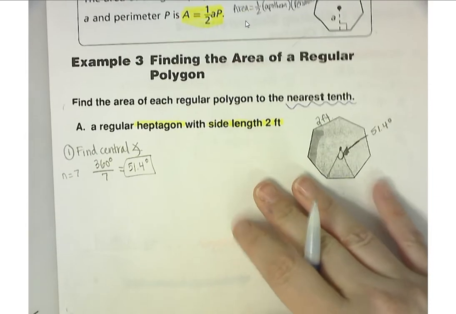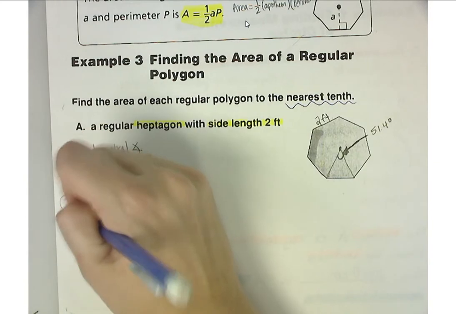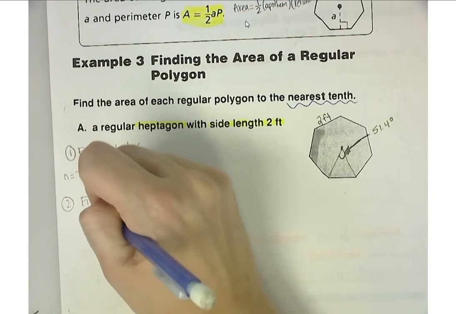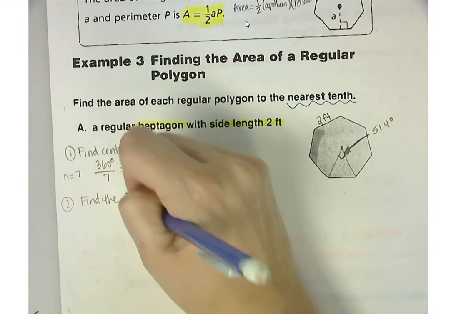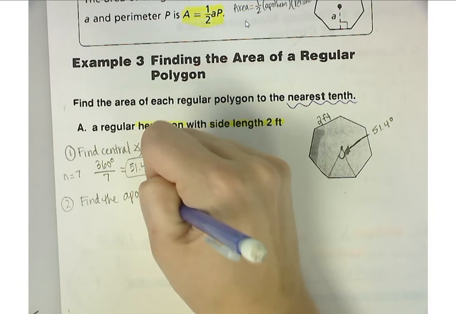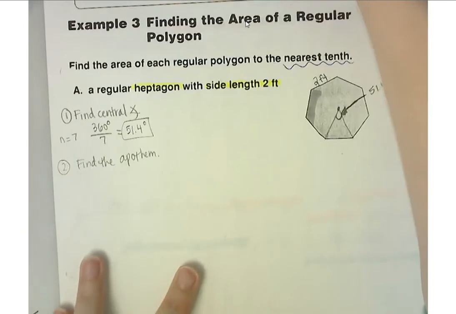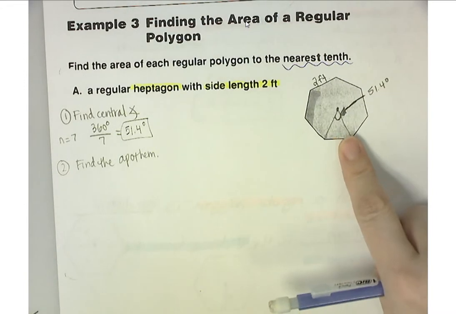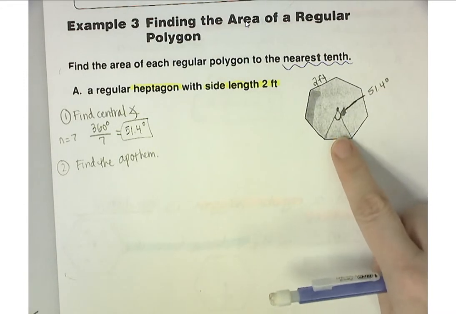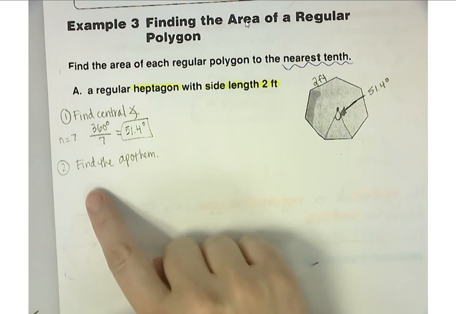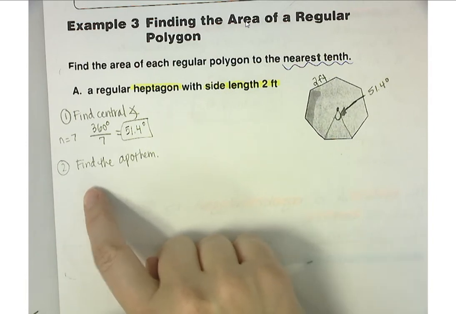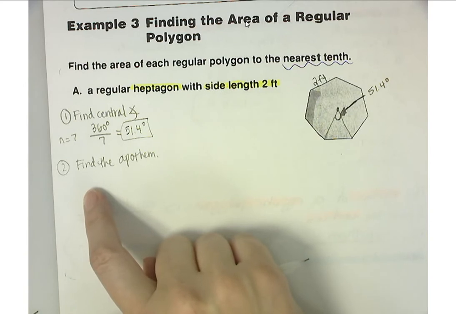The next thing we're going to do is find the apothem. And this is where the plot thickens. I'm going to draw this little triangle out here. Remember, this is an isosceles triangle, so 2 of the sides are equal to each other.